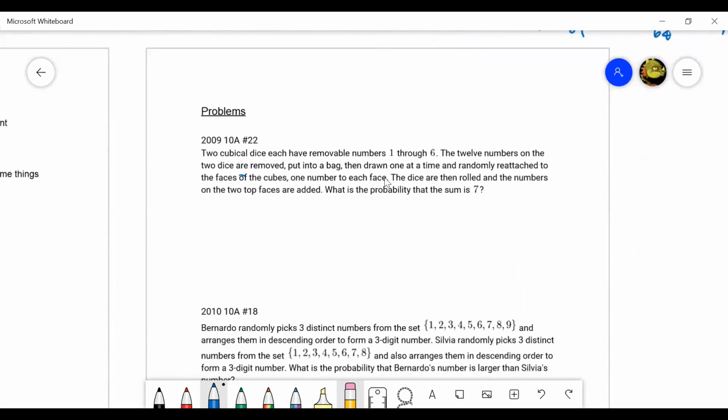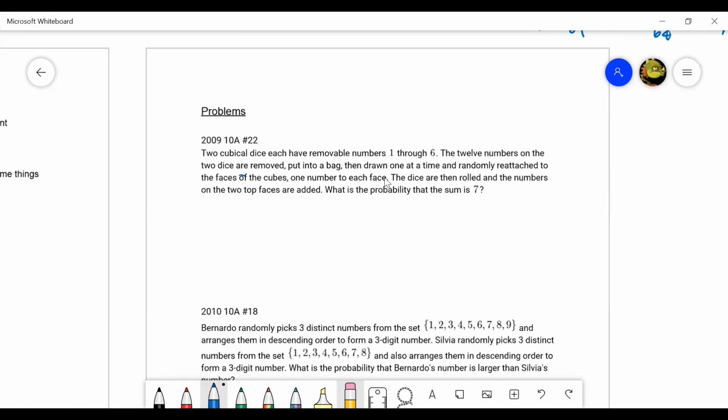So I think the easiest way to think about this is that when you're rolling the 2 dice that have already had the numbers reattached, you're not really in control of anything, right? So it's better to go back a step to when all the numbers are just in the bag. This action of rolling 2 dice and finding numbers on top, you can just think of as picking any 2 random numbers out of the bag. These are equivalent because attaching the numbers to the die faces is completely random.